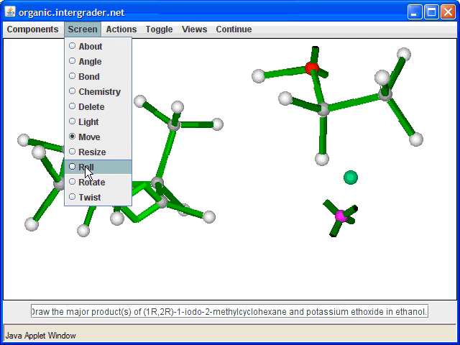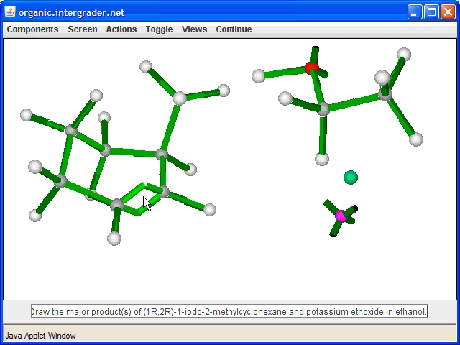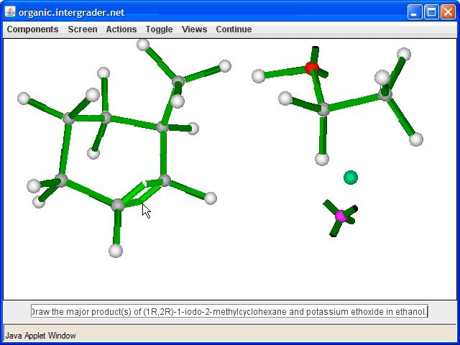In this particular case, what kind of product did we make? We didn't do anything to the chiral center at the carbon, so this should still be R configuration. And over here, the double bond was created to make a Hofmann product, not a Zaitsev product.